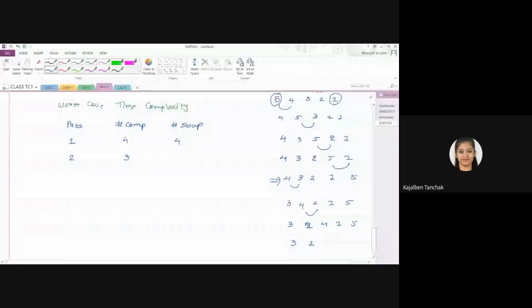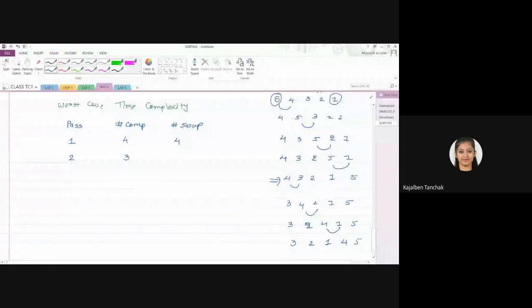So now if you are going with this, what you will do, you will compare 4 with 3. So 3 and 4. You will compare these two, 3, 4. Sorry, 3, 2, 4, 1, and 5. Again, you will do what? You will make the comparison. 1 and 4, you will do the comparison. 1, 4, and 5.